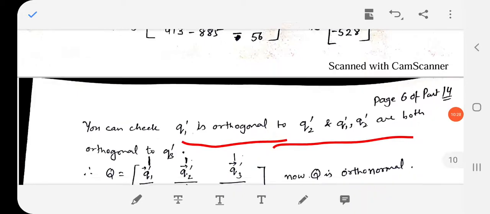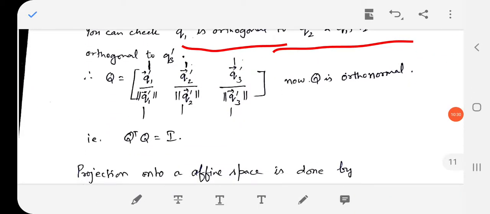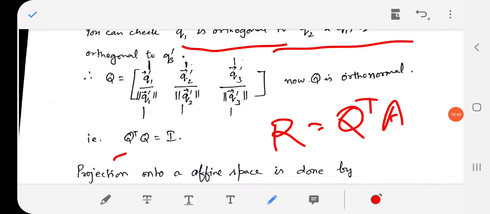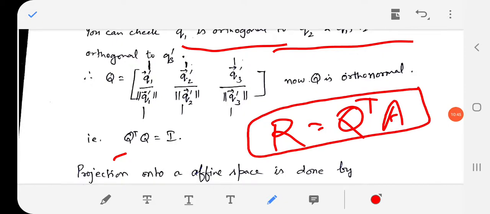Then we normalize them, and once we normalize them, we get Q. And after finding Q, you need to find R, which is nothing but Q transpose A. So that can be done, right?